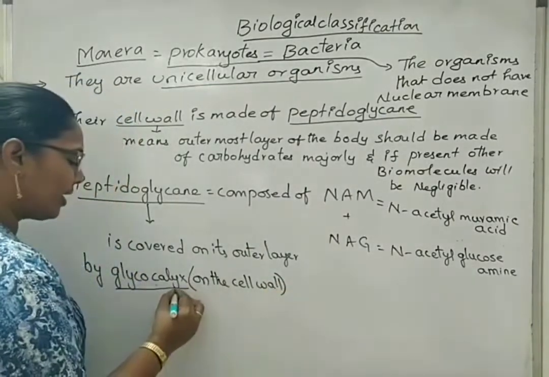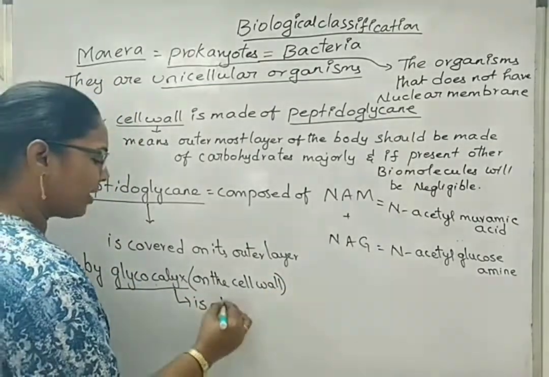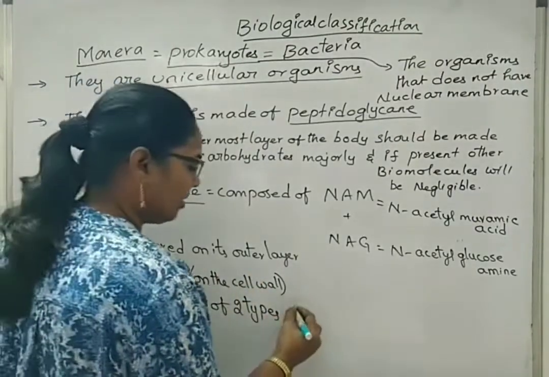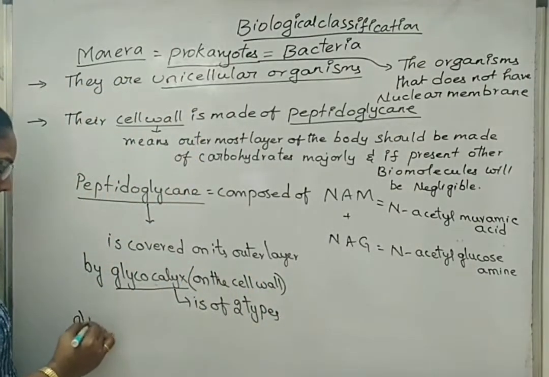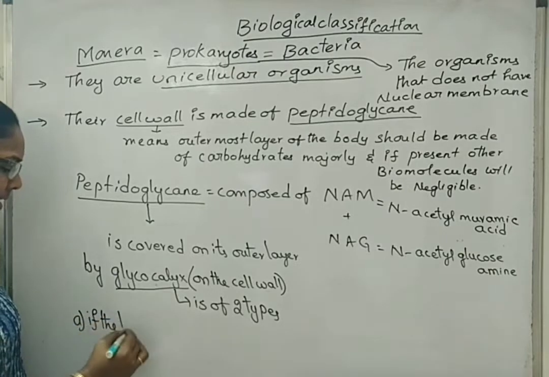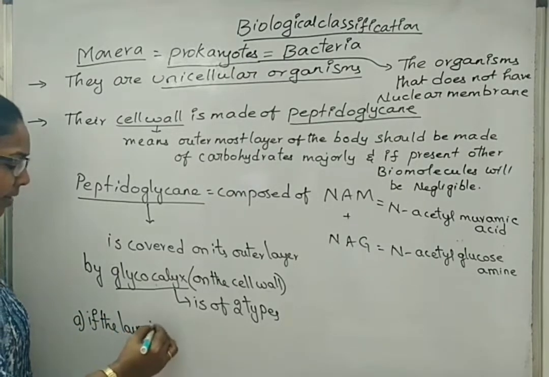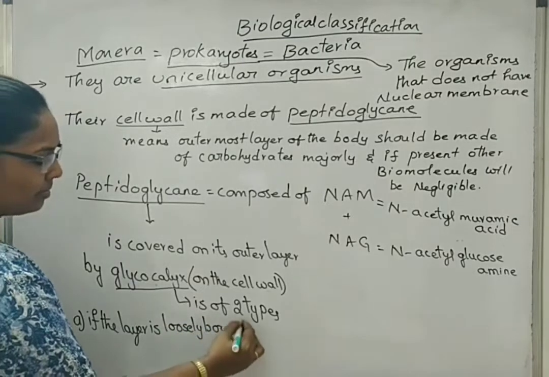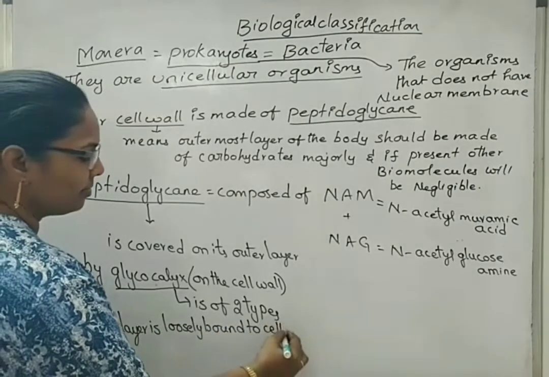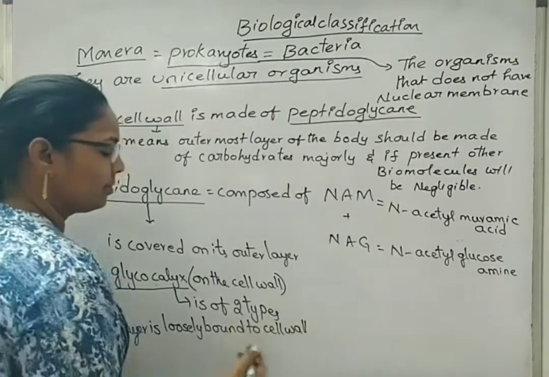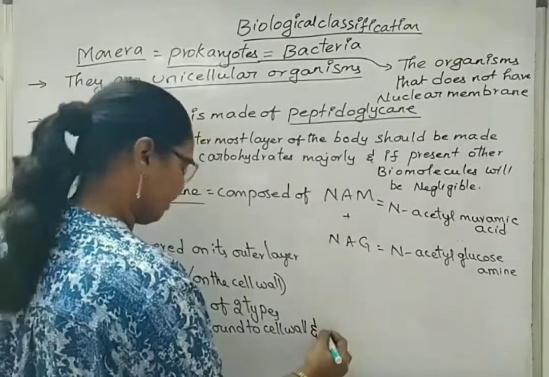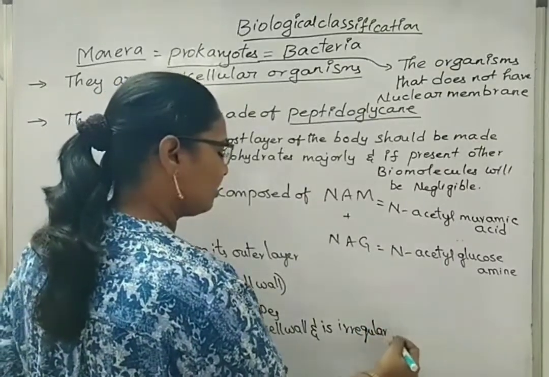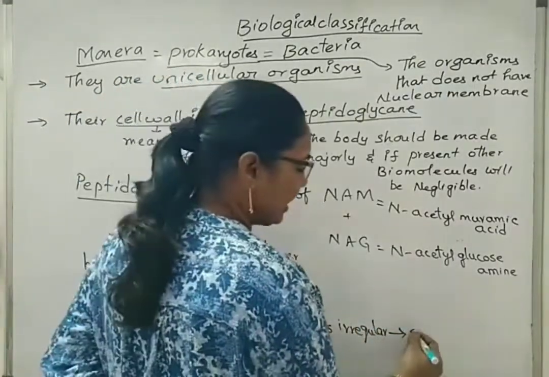Now, glycocalyx is of two types. First type, if the layer is loosely bound to the cell wall and is irregular, then it is called a slimy layer.